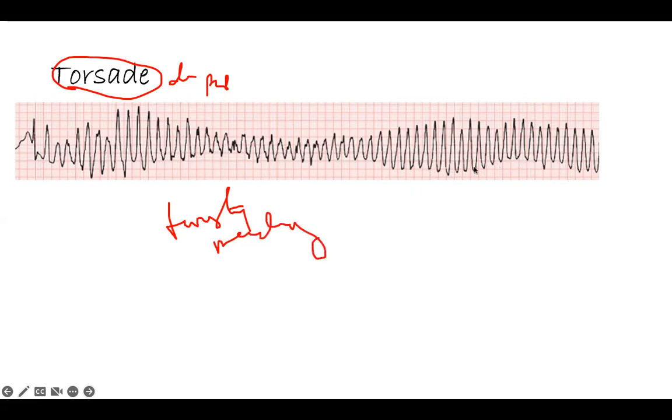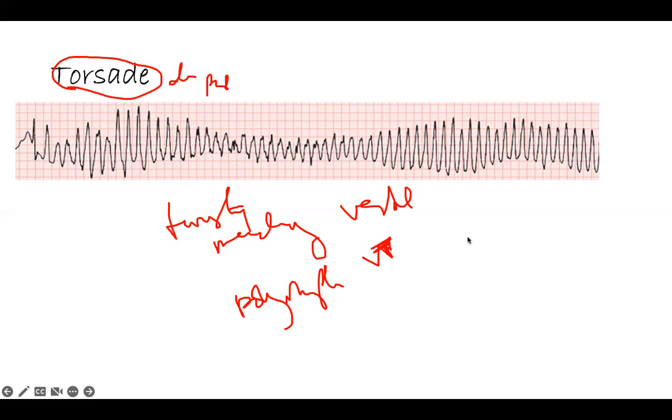You see, these are all ventricular waves. They're coming from the ventricle. But they change, they look different. These guys look different from here. So they are called polymorphic ventricular tachycardia. They are true ventricular tachycardia, but they have different shape.